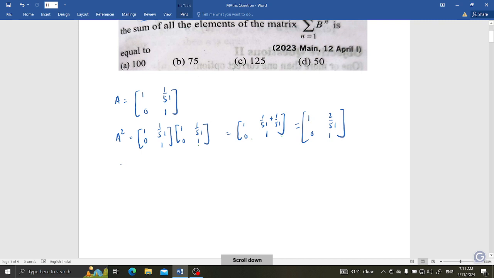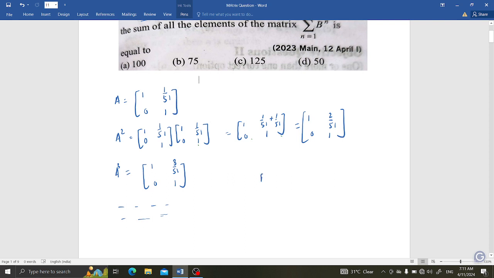Similarly for A cube, in this manner, we find 3 upon 51, 0, 1, and so on.